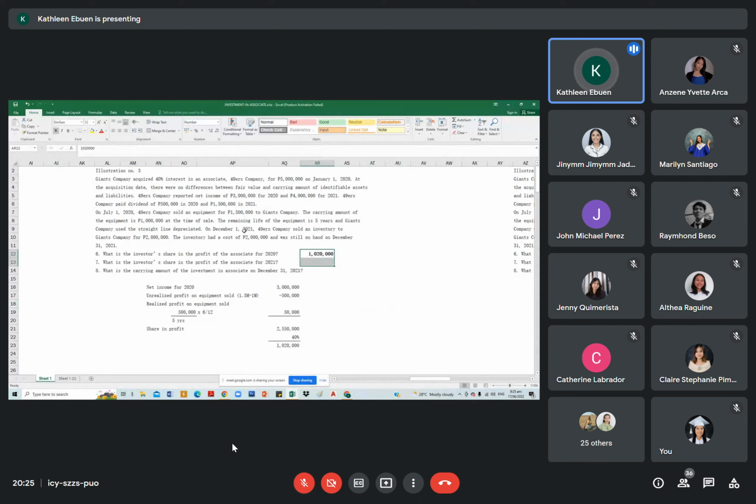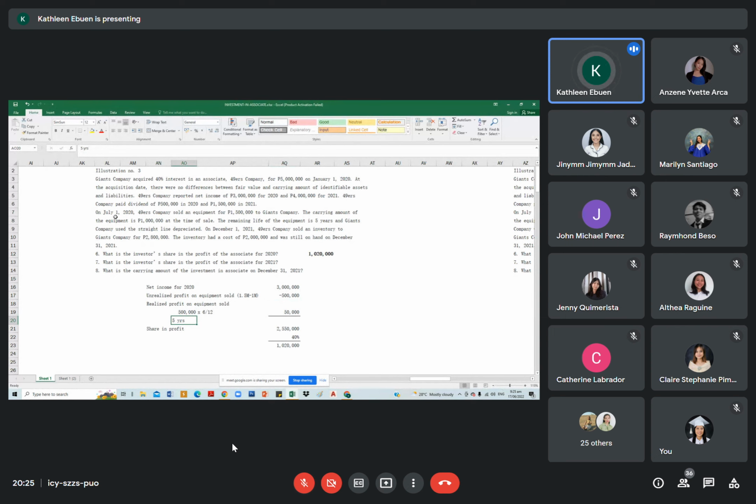So, tatanggalin natin, class, yung unrealized profit, yung 1.5 million na sale, less natin dun sa cost ng equipment na 1 million. So, binawas natin siya sa 500,000. And then, i-add natin yung realized profit. So, i-amortize natin siya over the useful life. So, yung difference na 500,000, divide natin sa 5 years.